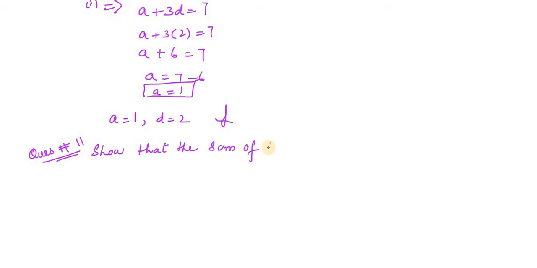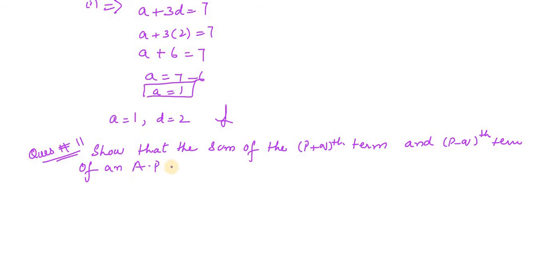The sum of the (p plus q)th term and the (p minus q)th term of an arithmetic progression is equal to twice the pth term.